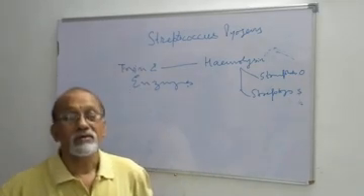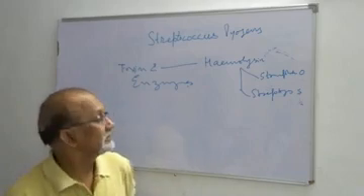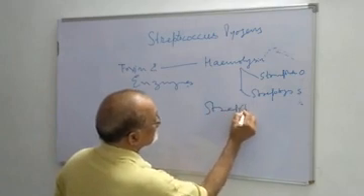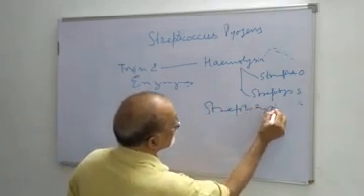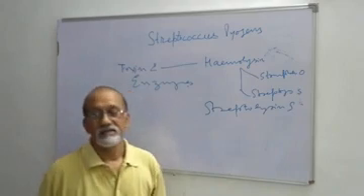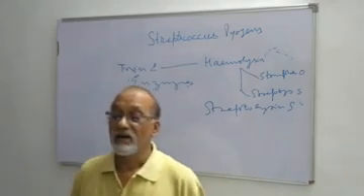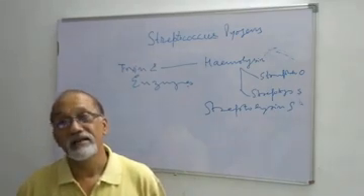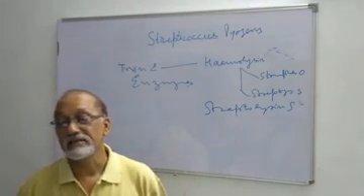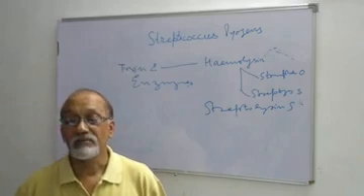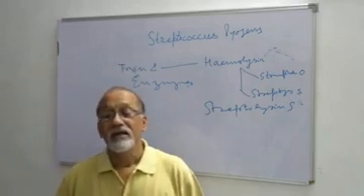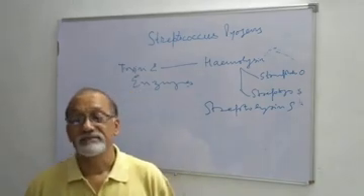While streptolysin S is oxygen stable, and it is responsible for the hemolysis around colonies on aerobic blood culture.